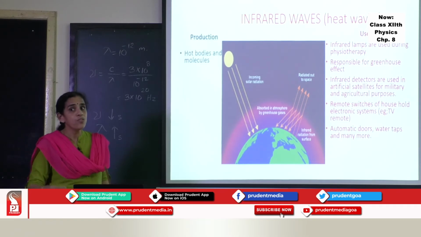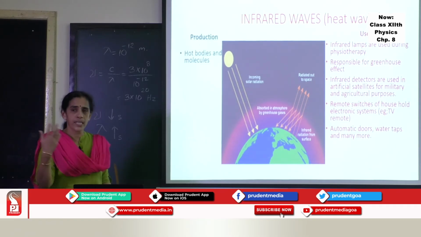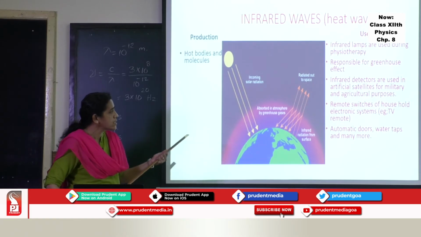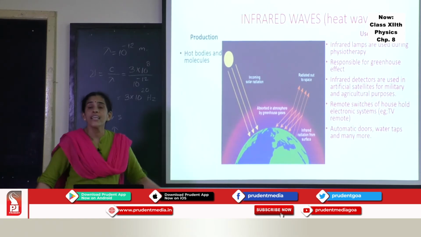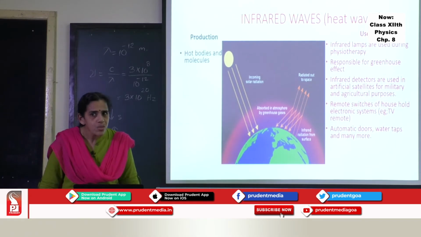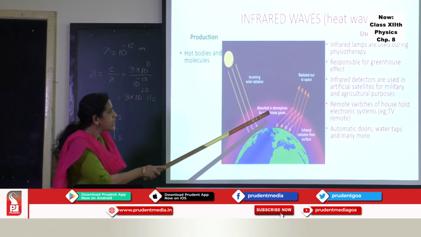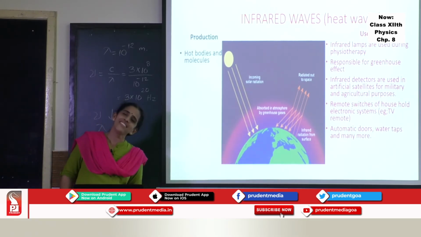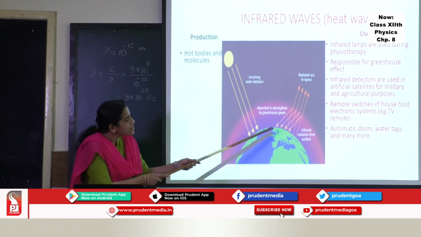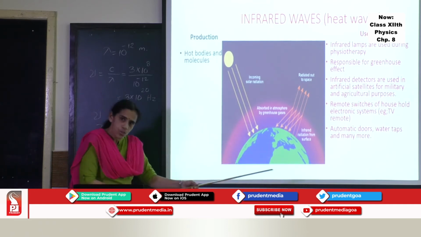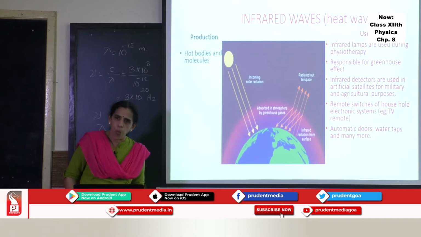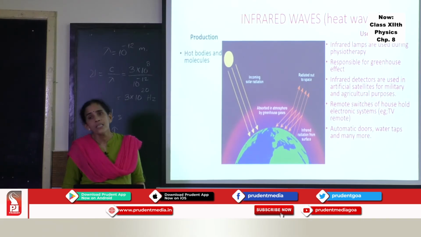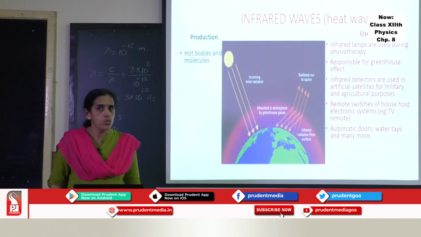Yes? Chlorofluorocarbons, carbon dioxide, carbon monoxide, all those things are in general called greenhouse gases. So because they reflect the waves, what happens? The atmosphere of the earth during night remains warm. And this phenomenon is called the greenhouse effect.